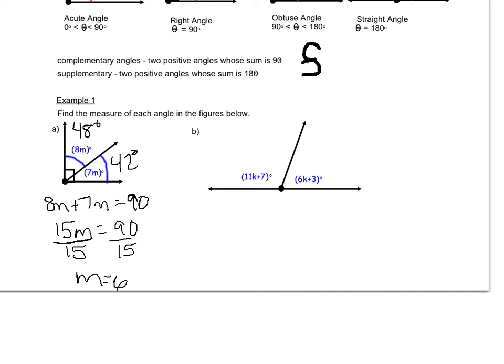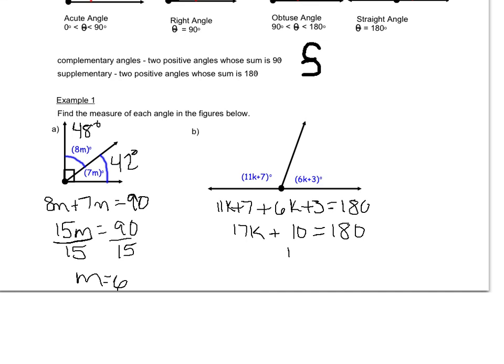Then we have figure B, 11K plus 7 degrees and 6K plus 3 degrees. Together, those two angles form a straight line or a straight angle. So we take those and we add them together, and we let them equal 180. So we have 17K when we combine our like terms, plus 10 equals 180.